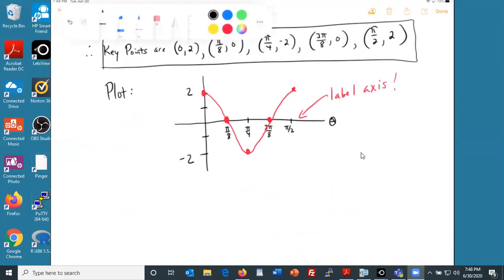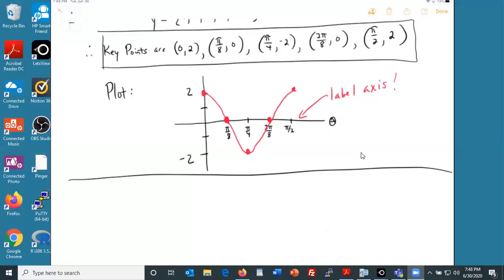Let's do another example. These are a little messy because you have a little bit of work to do. So example number 2. Let's say we have f of x equals -3 sine of pi x.